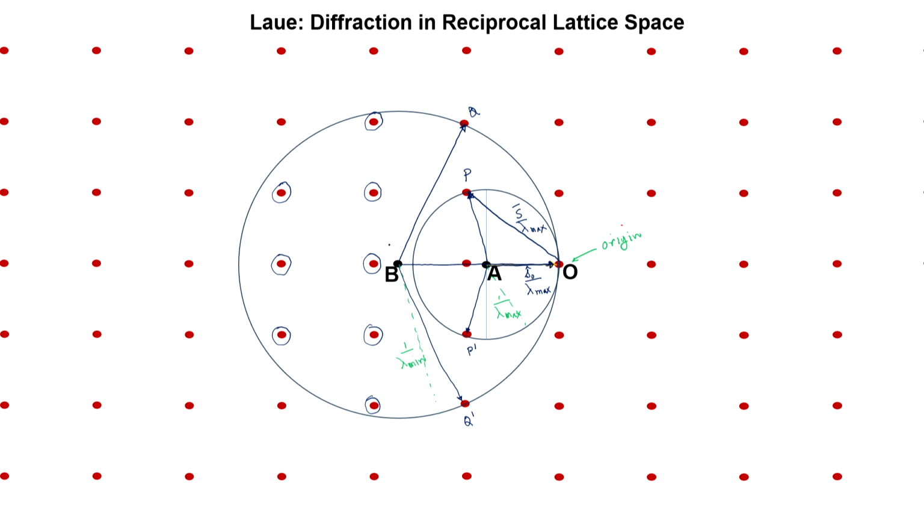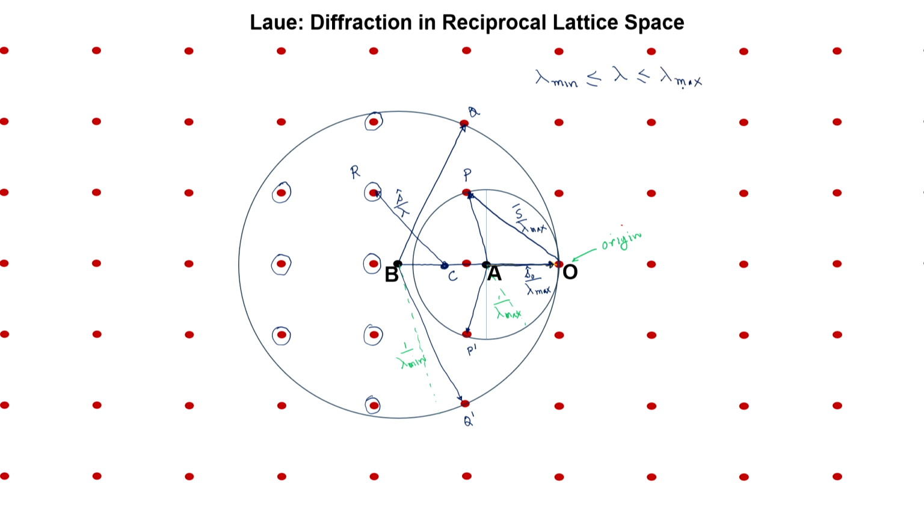So, for instance, let us say this point R out here lies on a sphere of reflection whose center let us say is somewhere here, and let me call that point C. Then I will get a scattered beam in this direction because it is lying on a sphere of reflection with some specific wavelength, and this scattered beam direction, if I call it unit vector small s upon some lambda, where this lambda is in between lambda minimum and lambda maximum.